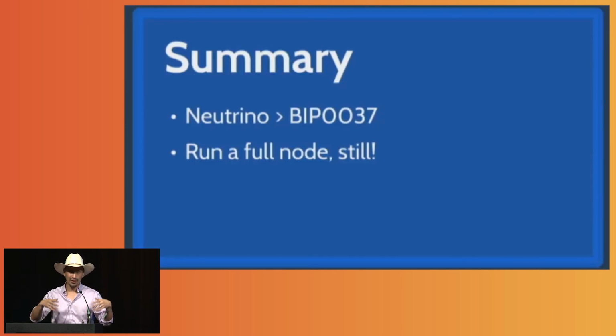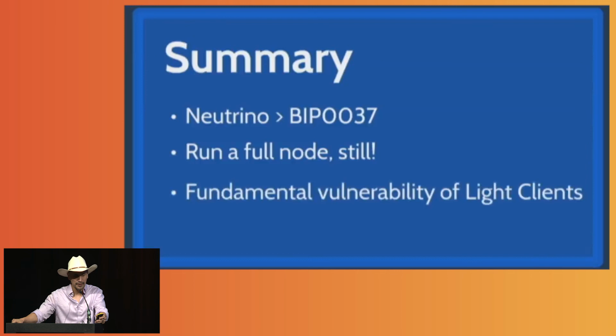So, Neutrino light wallets are probably appropriate for up to a certain amount. I'm not going to tell you what that amount should be, but it's probably good enough for a certain amount of Bitcoins. But past that, you really should be checking against a full node that you trust all of the data that's coming in, because it is possible for the servers to deceive you, even if it's at a certain cost, including creating some proof of work.